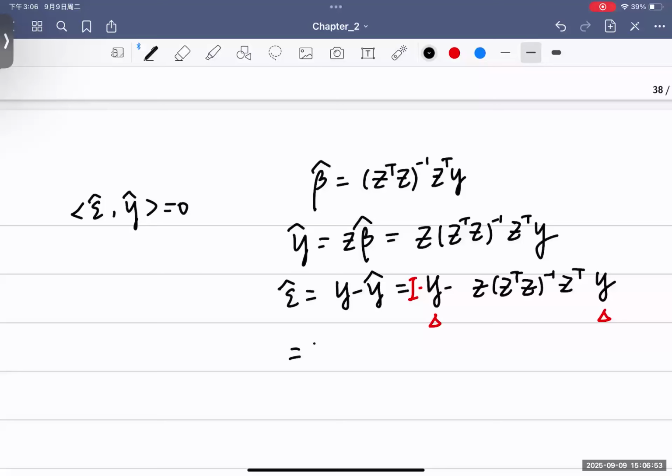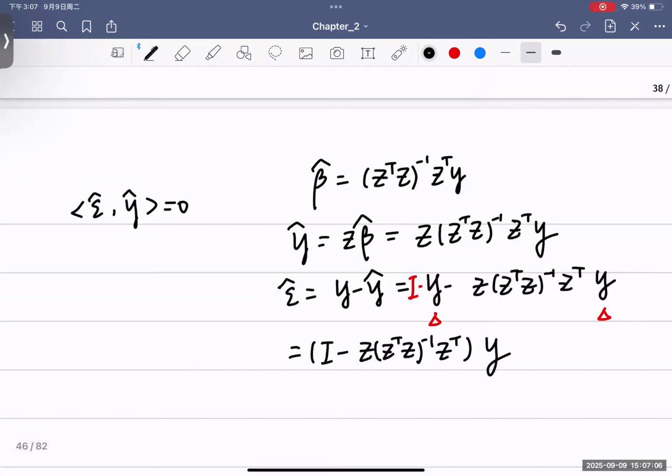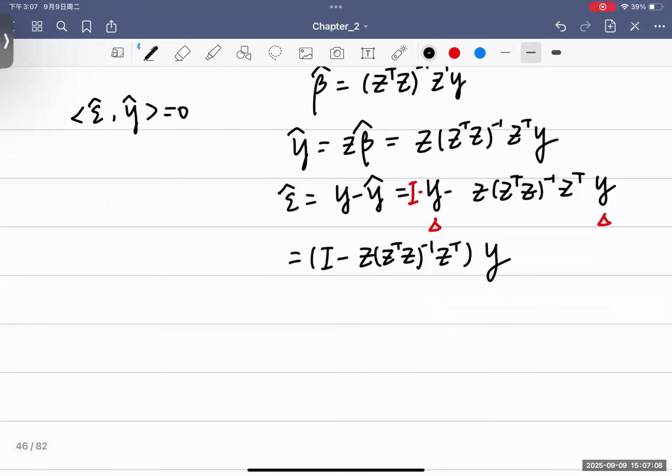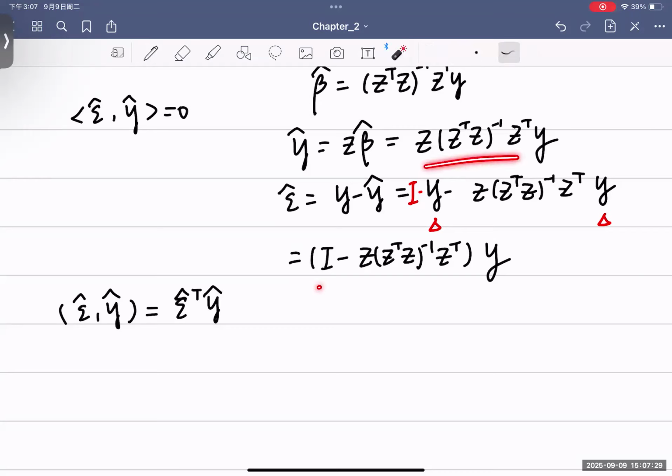That results in I minus z (z transpose z) inverse z transpose, times y. Our remaining step is to show the inner product between these two is 0. Naively speaking, we are trying to show that epsilon hat transpose times y hat is 0. We have no choice but to write down the whole expression.